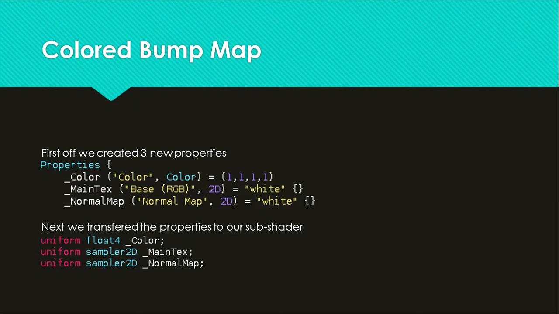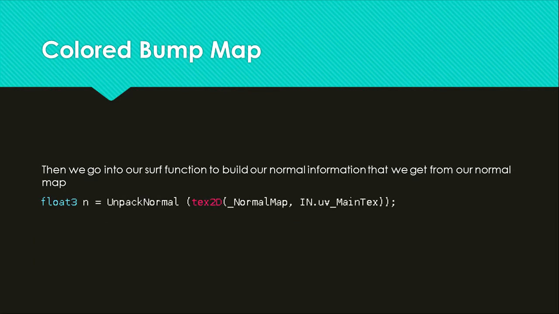Then we transfer our properties to our subshader using uniform, which makes it easier for more programs to access the same variables, and then give it a float4 _Color, and the same with the main texture and the normal texture.